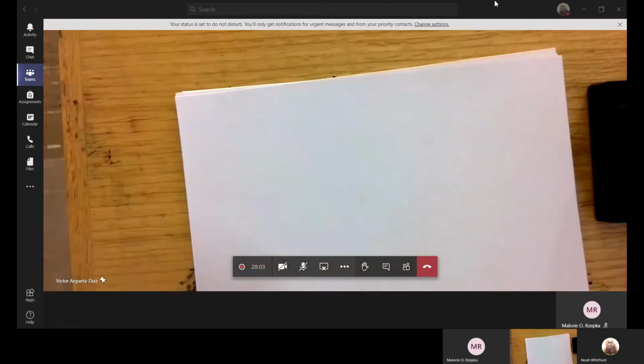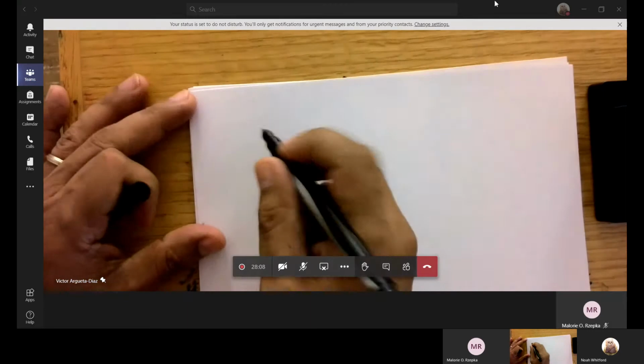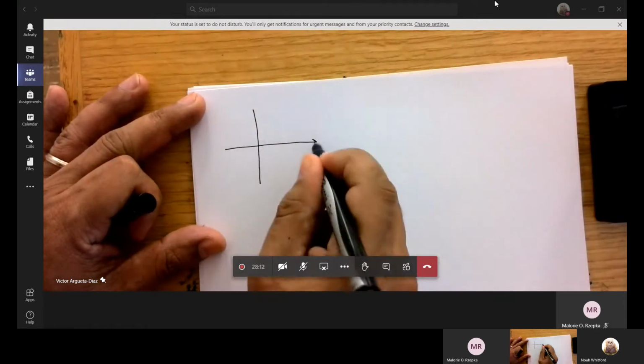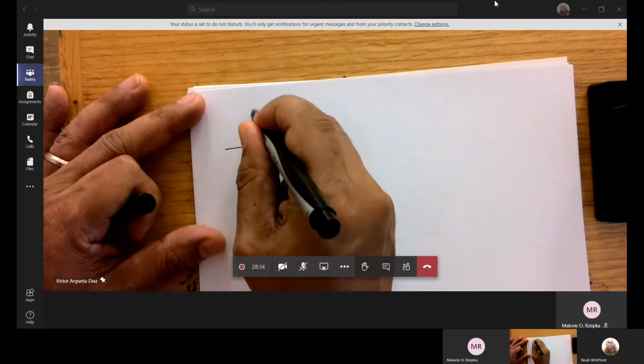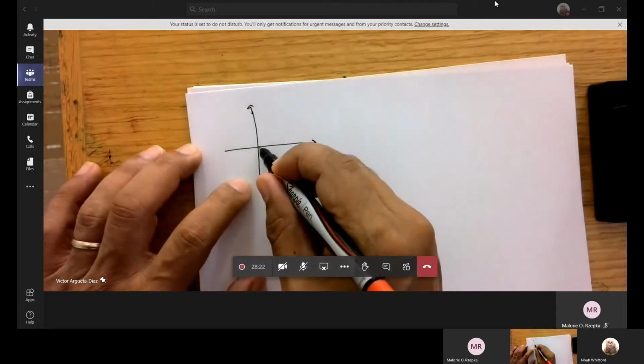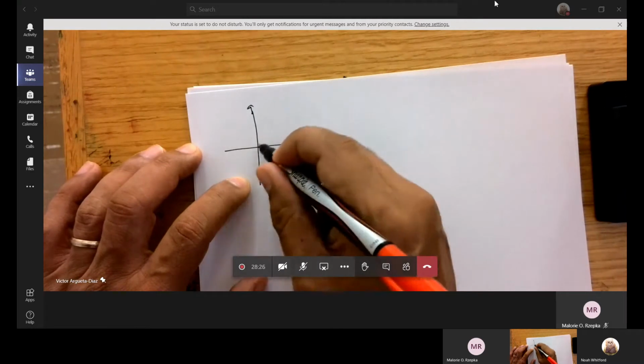So I'm going to redraw this vector. And I'm going to change the vector. So instead of having it in free space, I'm going to put the origin of that vector here in the intersection of the two axes.